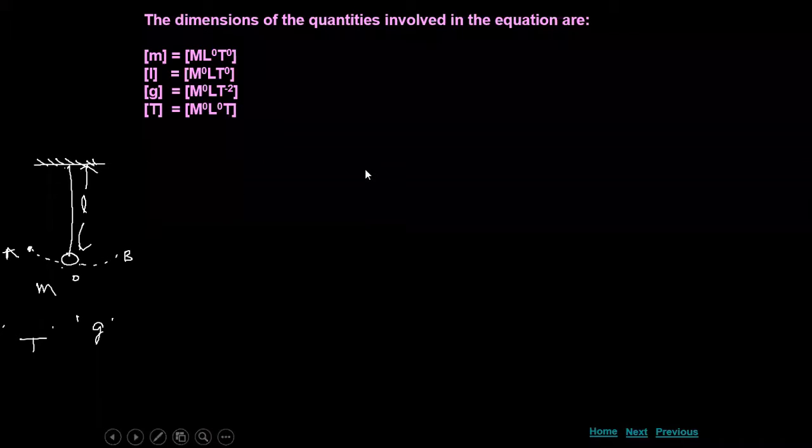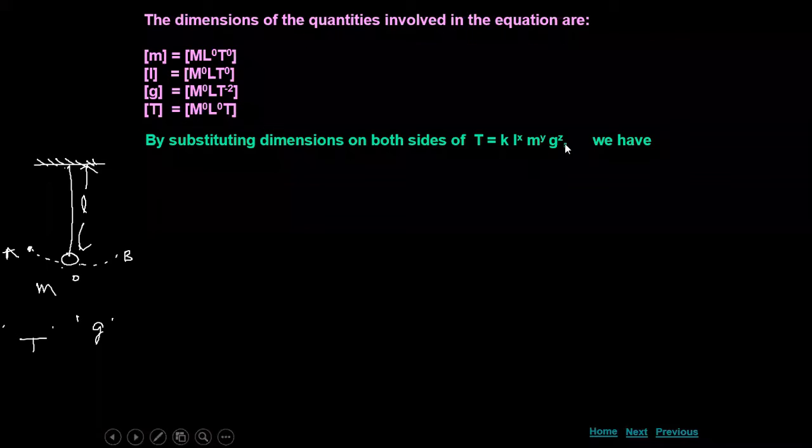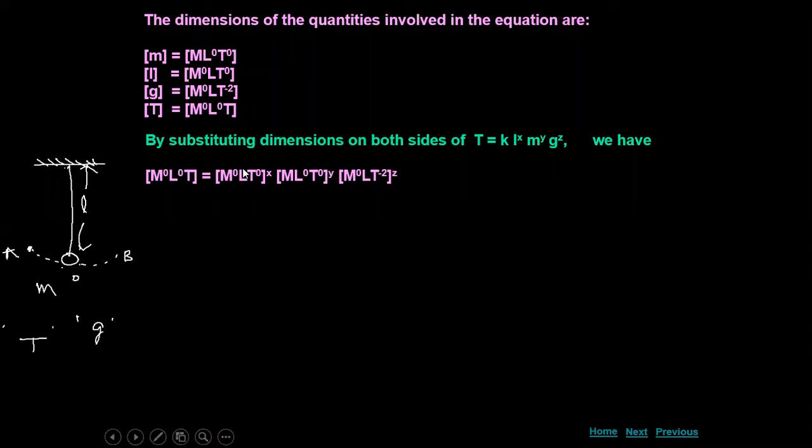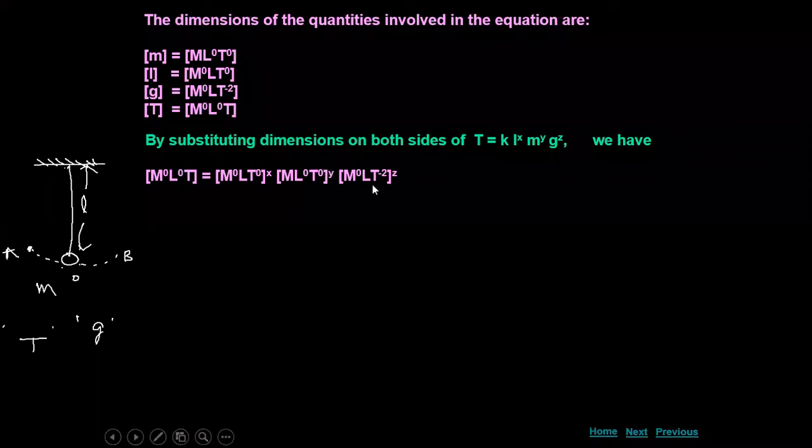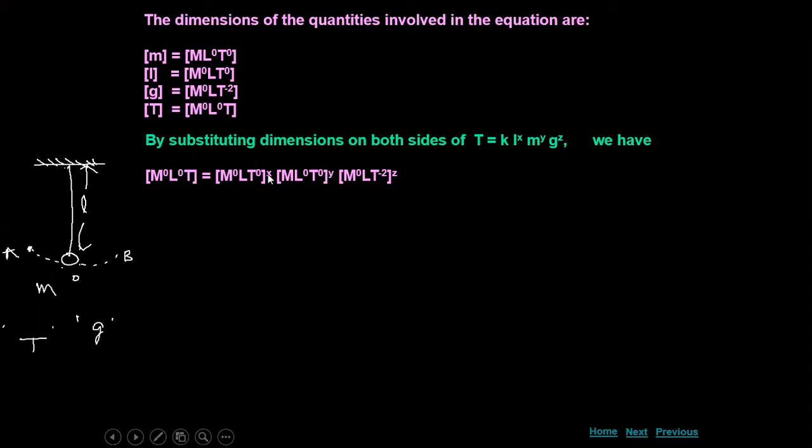Now, we have already written T is equal to K into L power x, M power y, g power z. The same thing, if I substitute these dimensional formulas into this, since we want to do dimensional analysis, I substitute T over there. So T I have substituted, and length, mass, and acceleration due to gravity I have also substituted, and powers I have written.